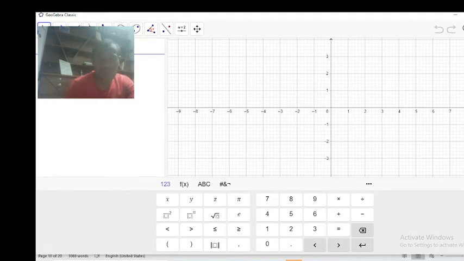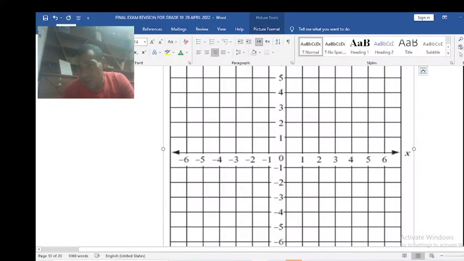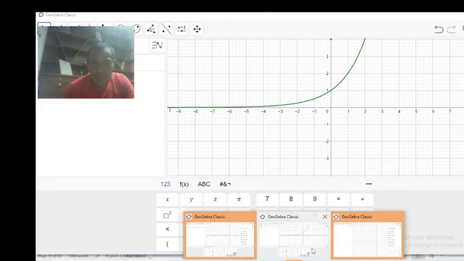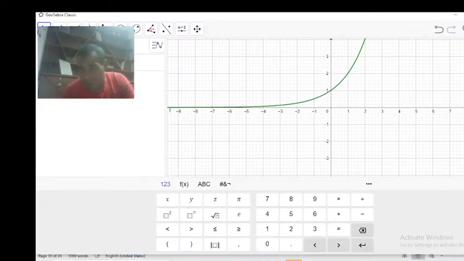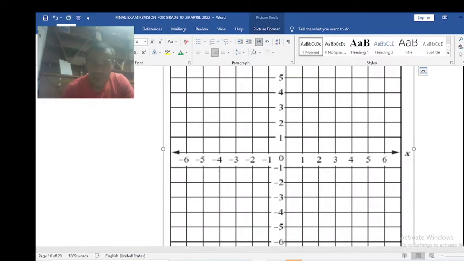Okay, so y equals 2 to the power x. This is the curve, learners, of your function.